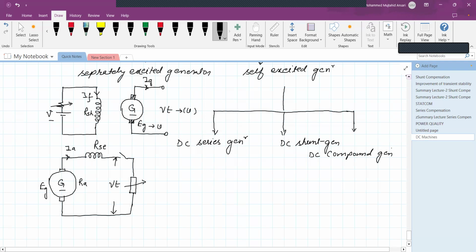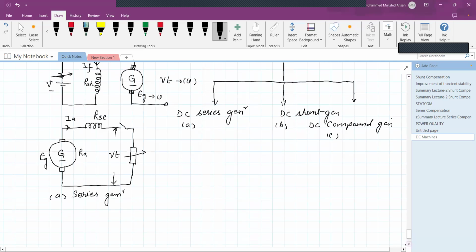So this is for the DC generator. We will give the names A, B, and C. So this is A. What is A? A is the series generator. Now in case of the series generator, what is the current in the load circuit? IL.